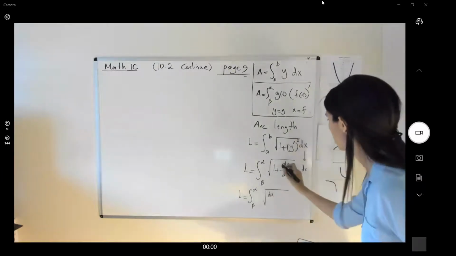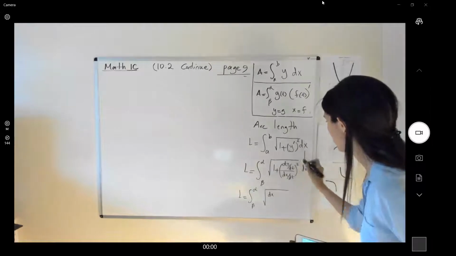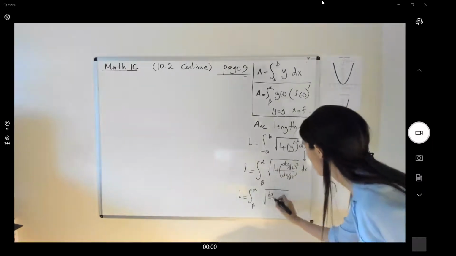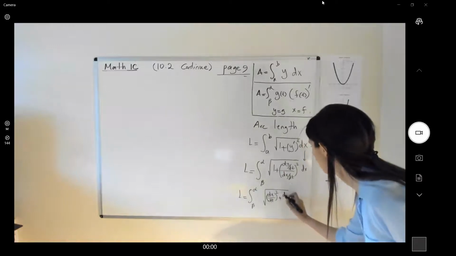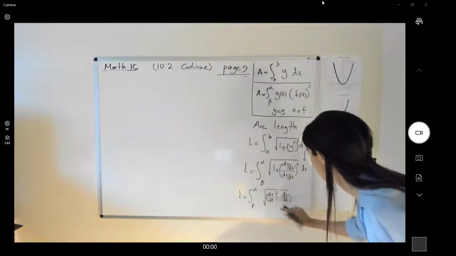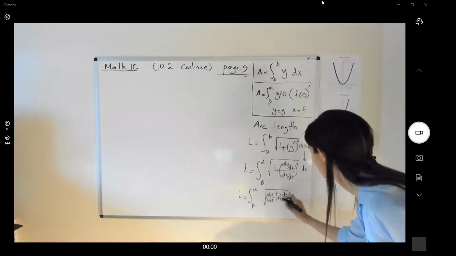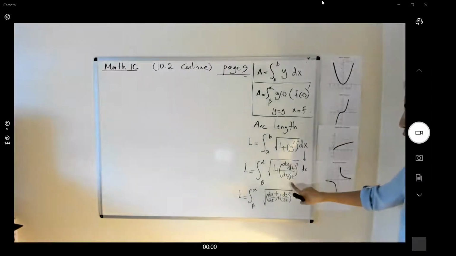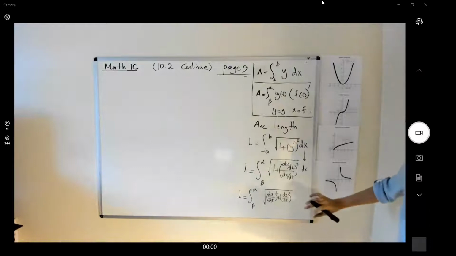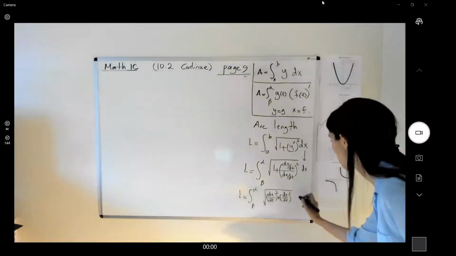This is the formula, raise it to 2. So you get dx over dt squared plus dy over dt squared, the whole thing divided by dx over dt squared. You can write it outside the parentheses, outside your radical.